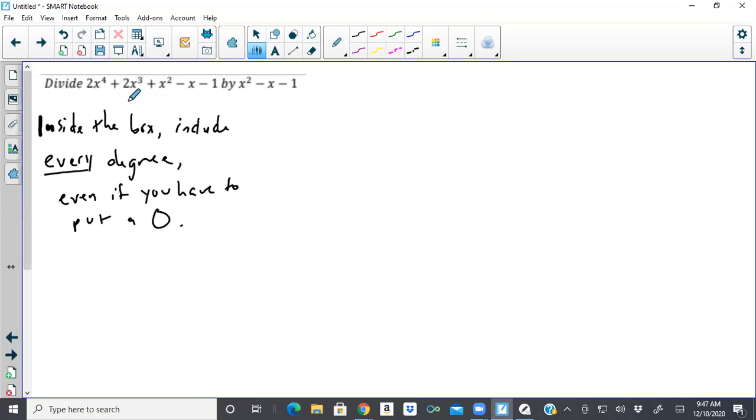That means if I had something like x to the 3rd plus 2x minus 1, notice how there's no x squared here.